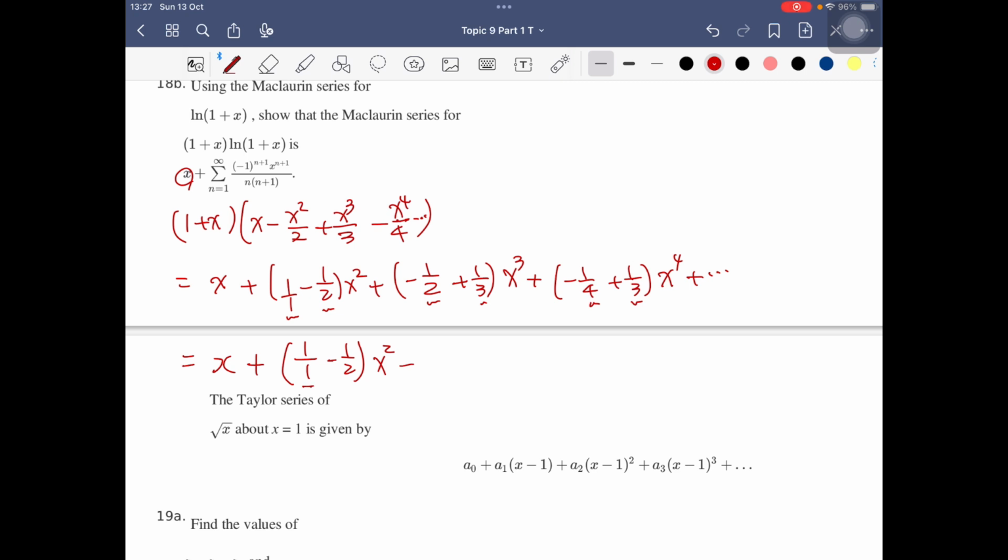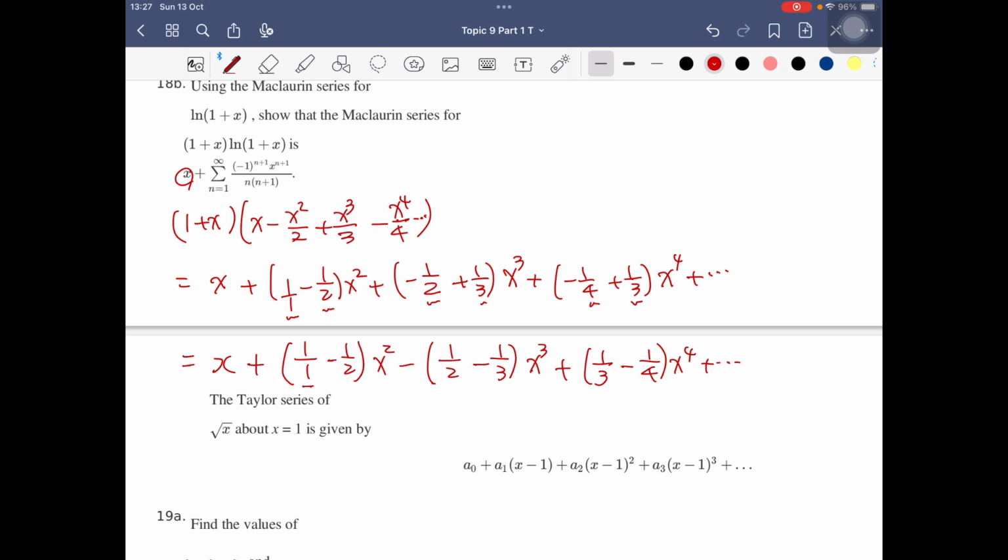Let me take out the negative sign: 1 over 2 minus 1 over 3 x cubed, 1 over 3, 1 over 4, x to the power of 4.